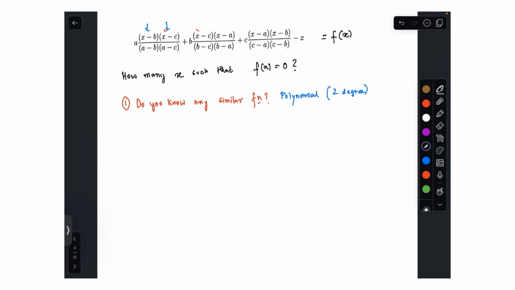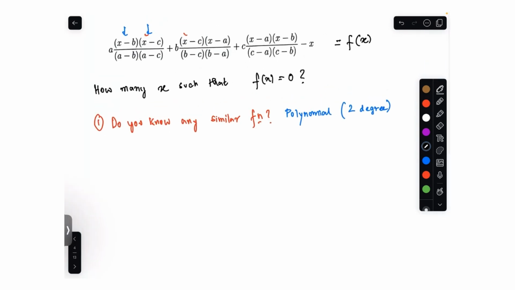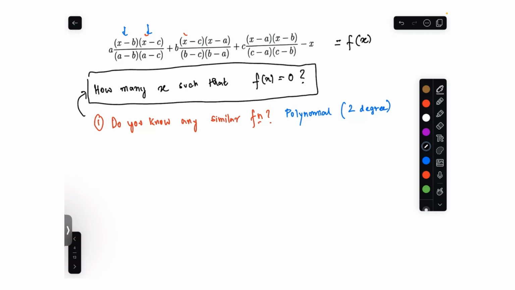So the next natural question is, using this information, can you get any update about the required solution? What can you infer about x from statement number one? From this information that f(x) is a second degree polynomial, what can you say about how many x such that f(x) is equal to 0?